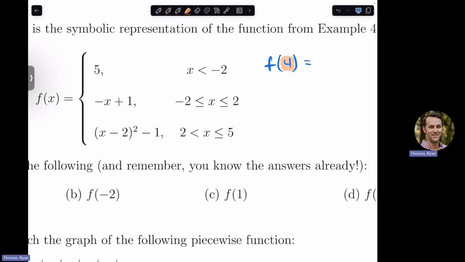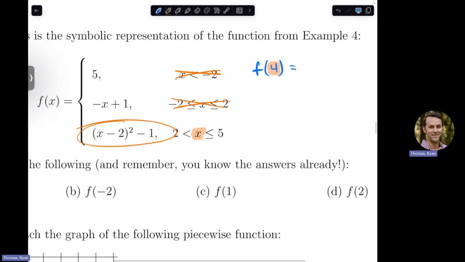It's greater than 2, because 4 fits in right there, but not right here or right there. So we just take 4 and plug it into that function because it's the one that fits. And then evaluate as you normally would. 2 squared minus 1, 4 minus 1, 3. That's it.